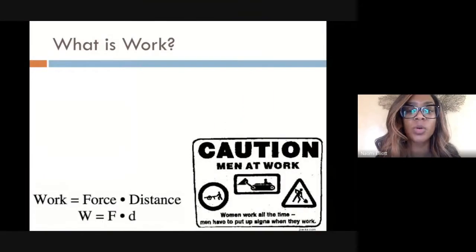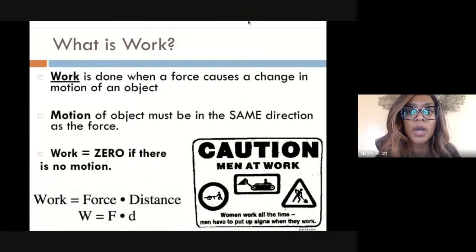So what is work? Work is done when a force causes a change in the motion of an object. But what is motion? The motion of an object must be in the same direction as the force. That means something is moving.